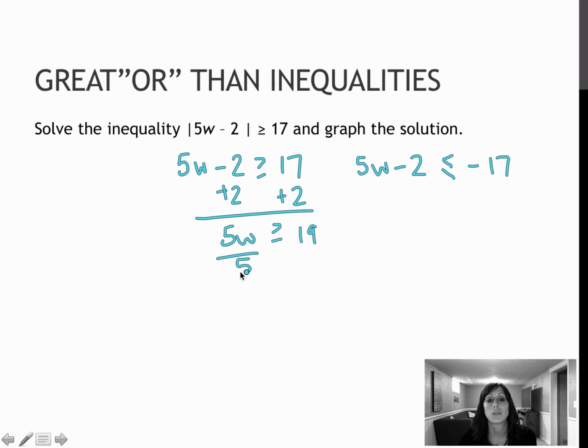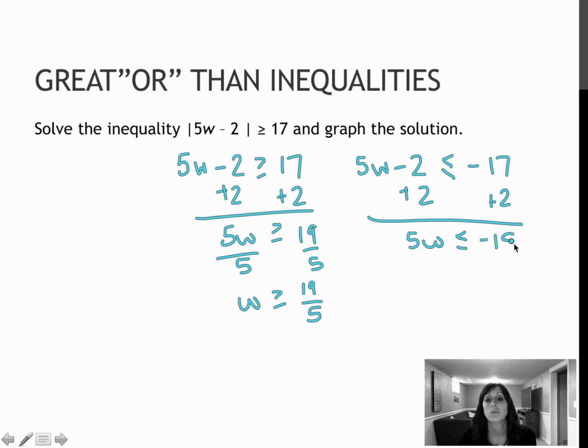For my first inequality, I get w is greater than or equal to 19/5. It's okay to leave that as a fraction, even as an improper fraction. For my second inequality, I get w is less than or equal to -3. Again, I write the word "or" in between.